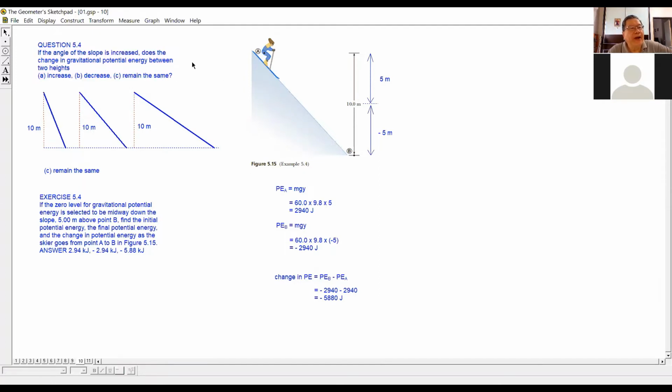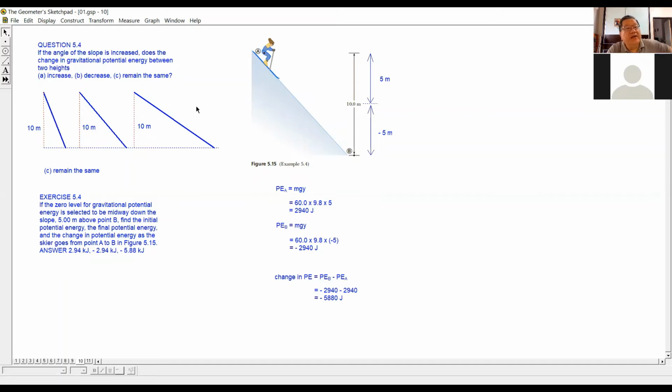Now the vertical height remains the same. The vertical height is 10 meters, 10 meters, and 10 meters. Let's say we have three separate cases. The question didn't tell us, they just say you can change the inclination of the slope.